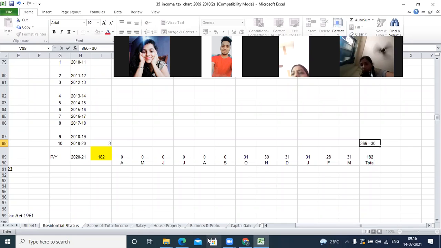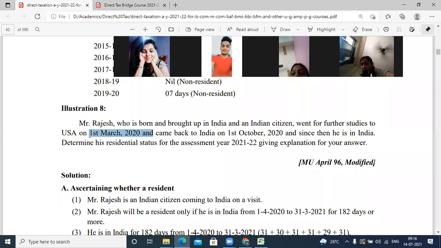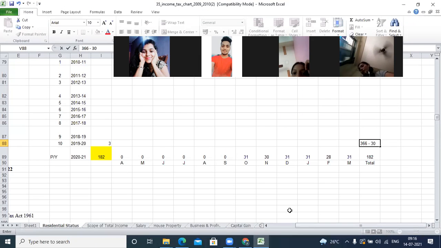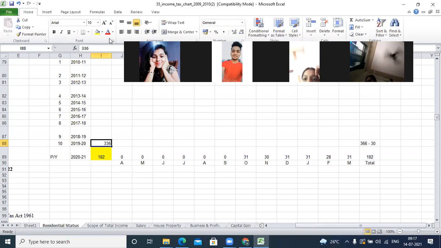First, so he was there in India, no? Date of departure to be included, no? Yes or no? Yes, sir. So how many days was he there in India? 336. Someone has told me, but that was a partly correct answer.